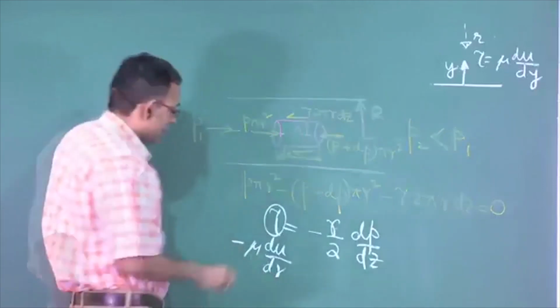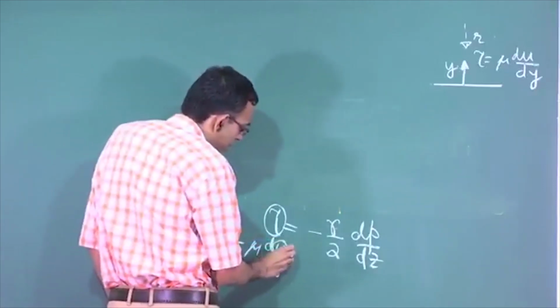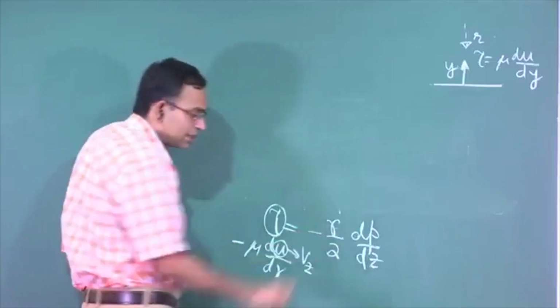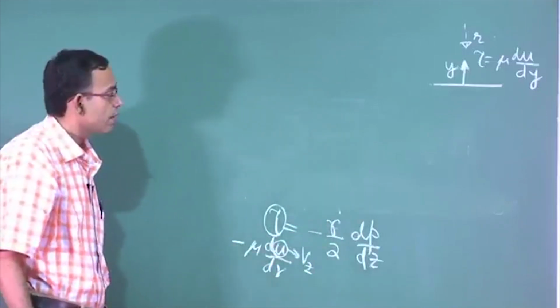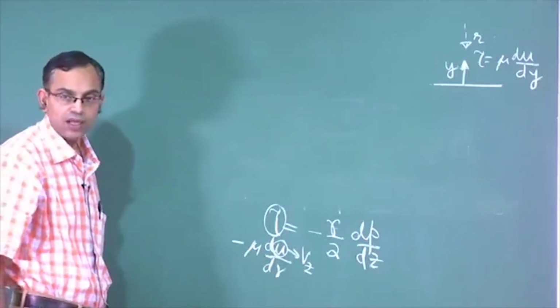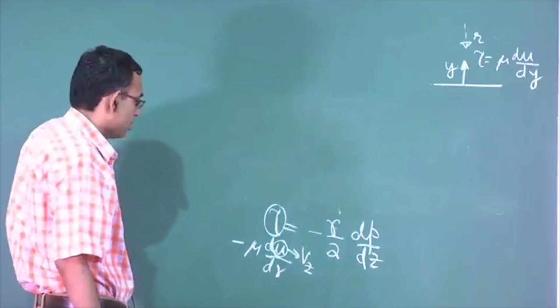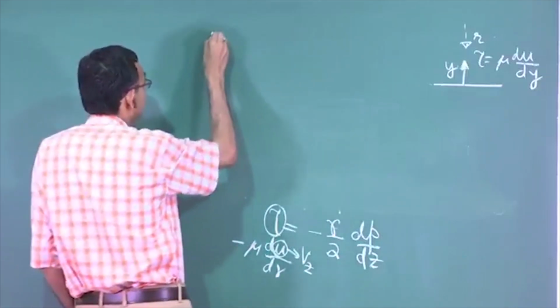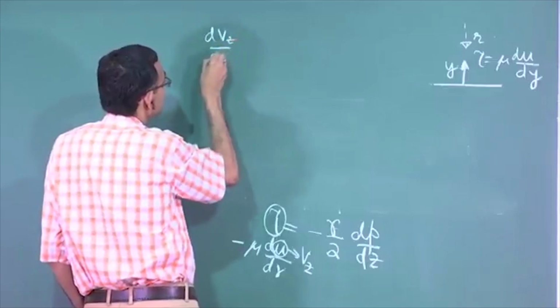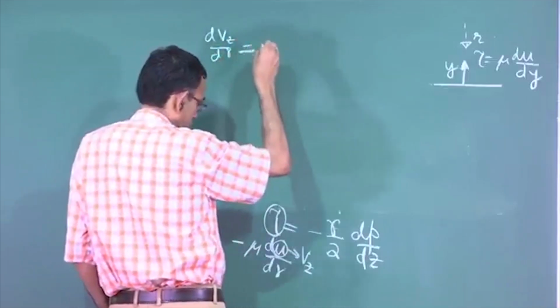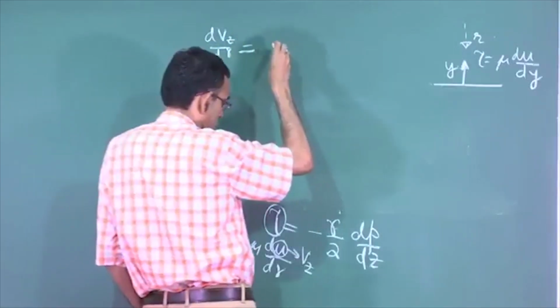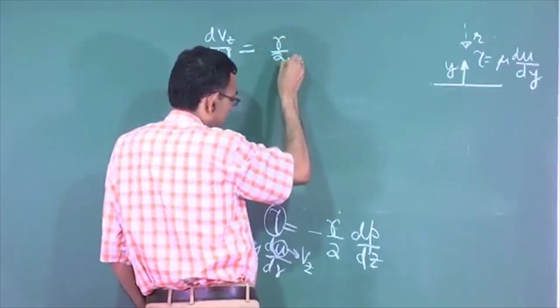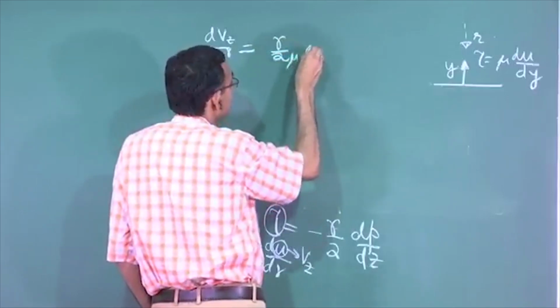So this u is nothing but the velocity in the z direction, so we will call it Vz. Z is the axial direction of the tube. So dVz dr equals r by 2 mu dp dz.